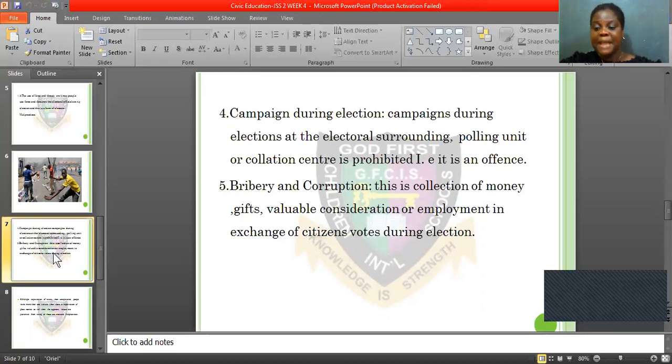Another one is bribery and corruption. Bribery and corruption is a way of electoral malpractice, and it is mostly used by most of the political parties. What do they do? They give money to the electoral officials. They give gift items. They give valuable items. They give considerations or employment in exchange for citizens' votes during election.